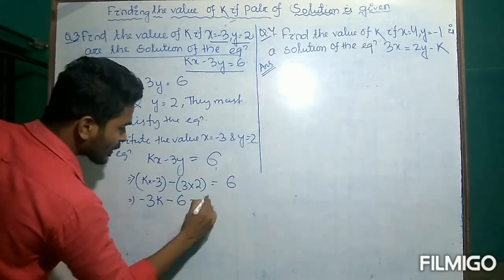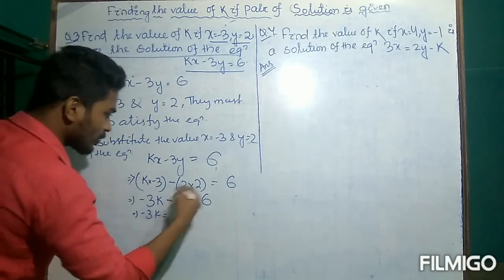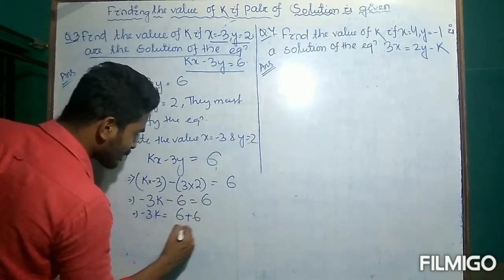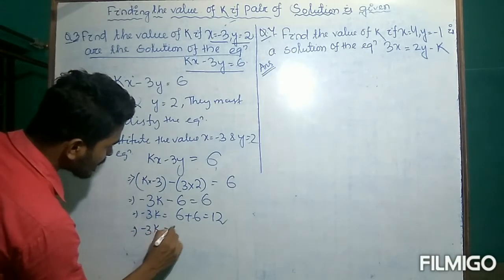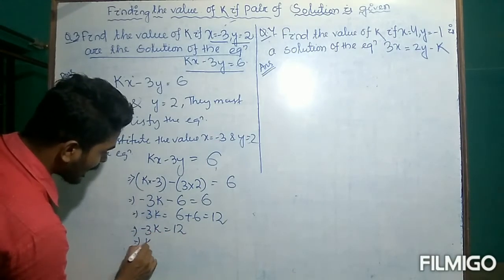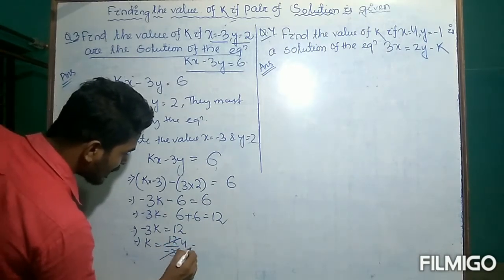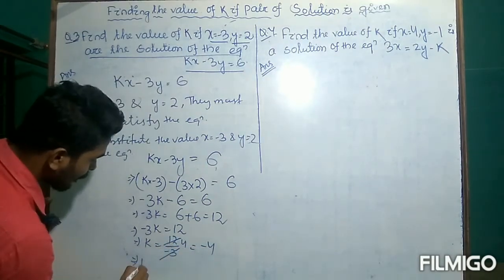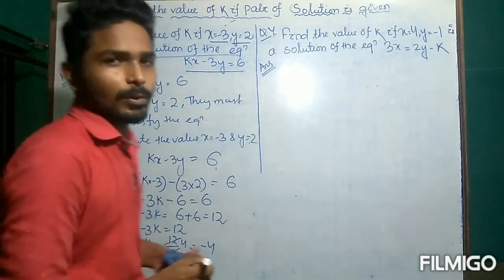Minus 6 is equal to 6. So -3k is equal to -6 goes to the right hand side. So it will be 6 plus 6, that is 12. And hence you get -3k is equal to 12 and k is equal to 12 by -3. Now cancel each other. It will be -4. Finally we got that k is equal to -4.